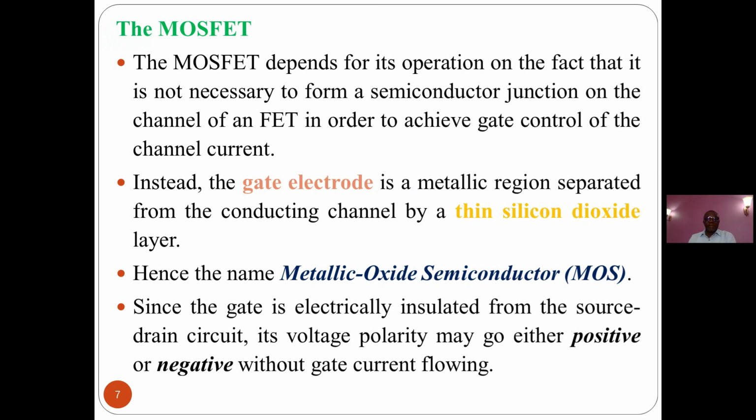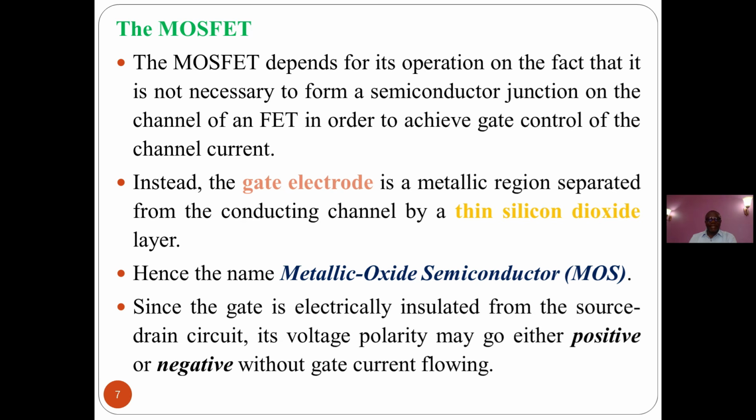Next is the MOSFET, which we say is the metallic oxide semiconductor field effect transistor, and its operation depends on the fact that it is not necessary to form a semiconductor junction on the channel of an FET in order to achieve gate control of the channel current.